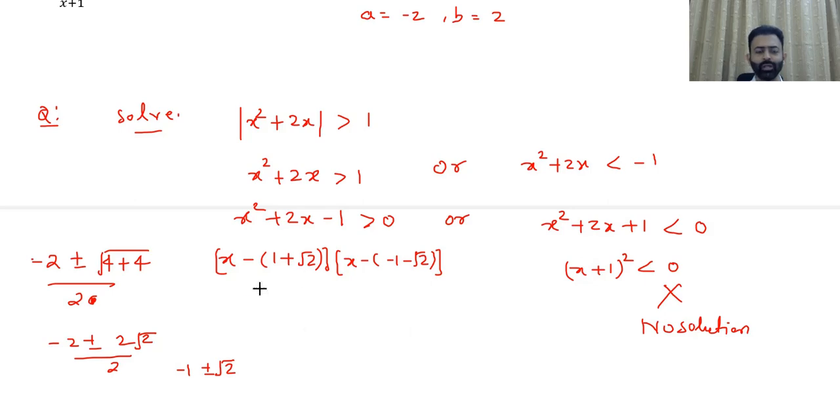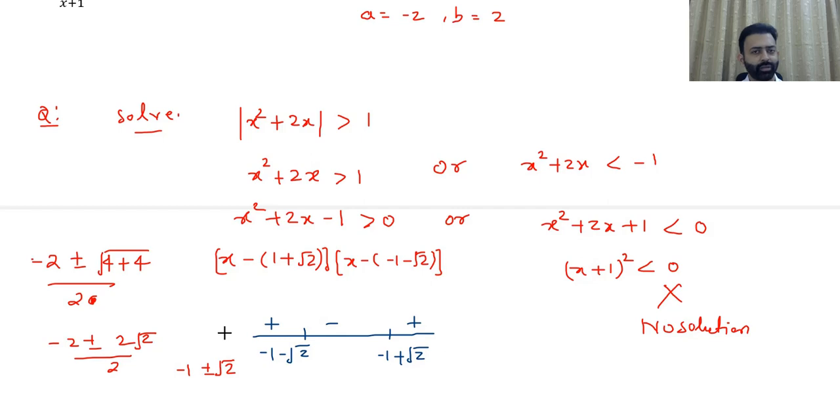So we need to just find out for this inequality, right? Which value will be less, minus 1 minus root 2 or minus 1 plus root 2? Okay, so here is your number line. Minus 1 minus root 2 is your first root, and minus 1 plus root 2 is your second root. This will be plus, this is minus, this is plus.